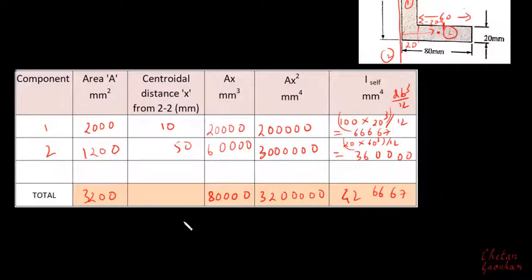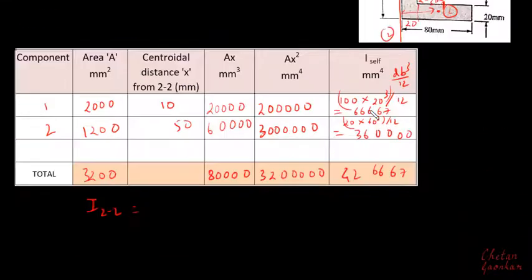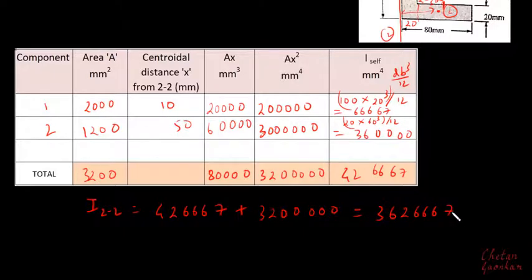From here I can very well now find I22, that is the moment of inertia about the reference axis 2-2, as sum of this I self, that is 426667, plus sum of this Ax square, that is 32,000,000, and then if I add them up I should get this as 32,426667 mm raised to 4.